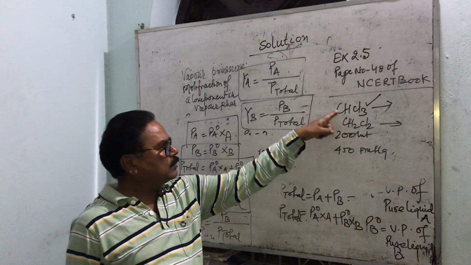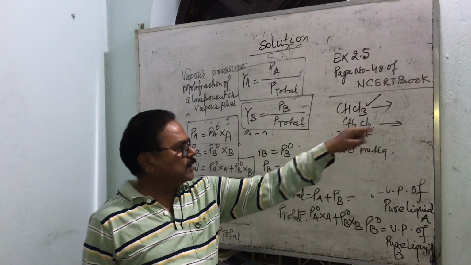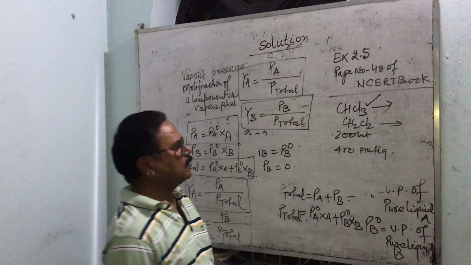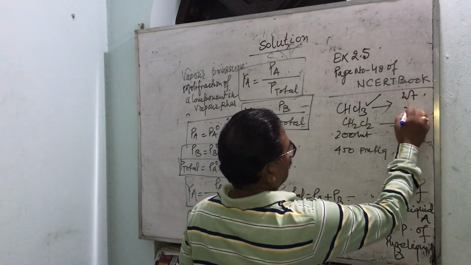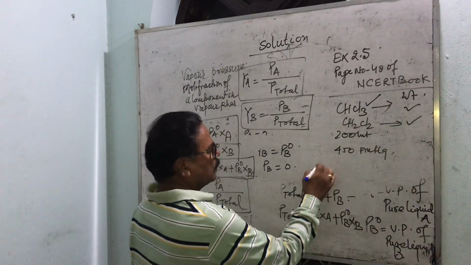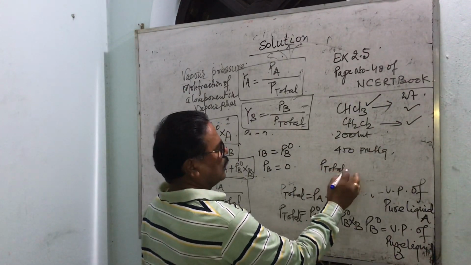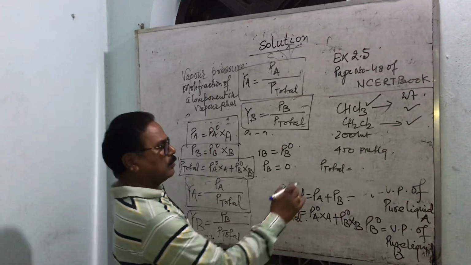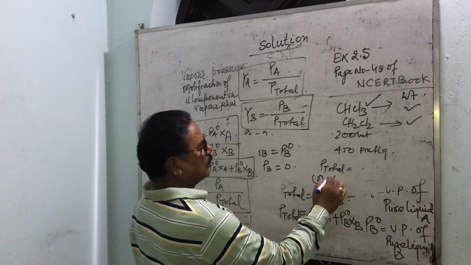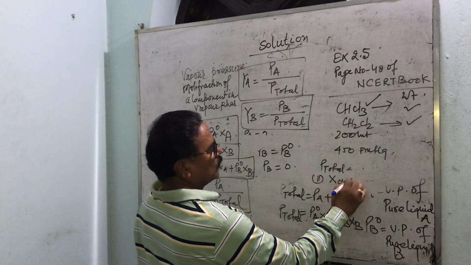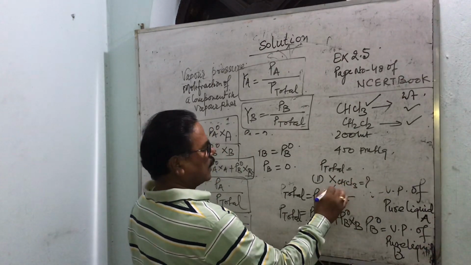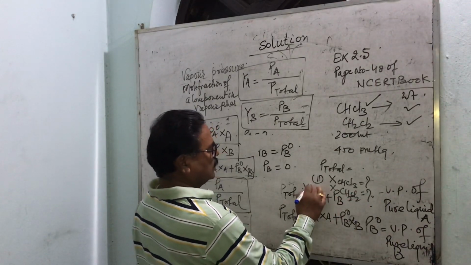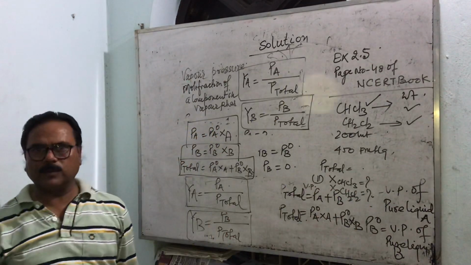The weights are given. How will you calculate it? Apply the concept. And the second part: calculate the mole fractions of chloroform and dichloromethane in the vapor phase. This problem totally depends upon this theory.